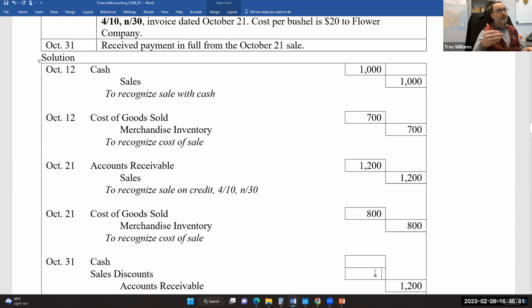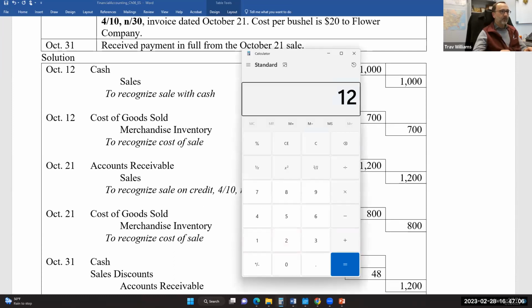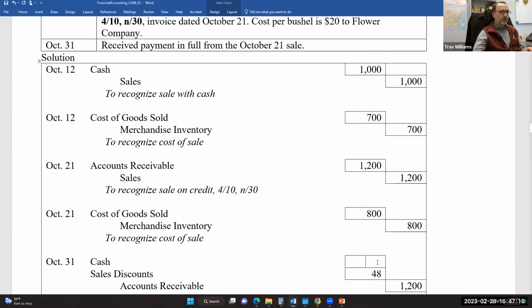If we were the purchaser and we're using the periodic method, then it would be a credit to purchase discounts. Okay, it's a lot to remember. But in this case, we're the seller, we're giving the discount, so it's a sales discount, $48. And then we just subtract that from the 1,200, and the customer has to pay $1,152.